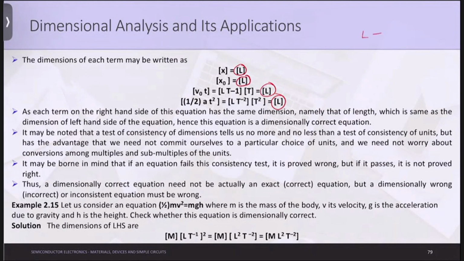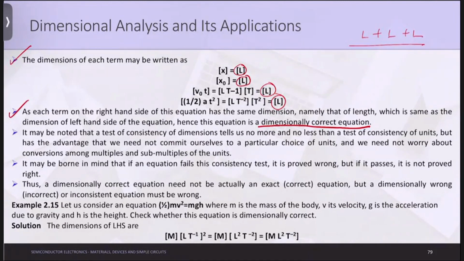So it is quite evident you can add L plus L plus L. There is no harm in that. Hence, it is dimensionally homogeneous. As each term on the right hand side of this equation has the same dimension, namely that of length, which is the same as the dimension of the left hand side of the equation, hence this equation is dimensionally correct. Okay, so that was one of the conclusions.